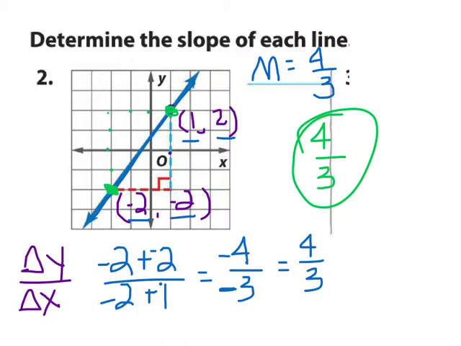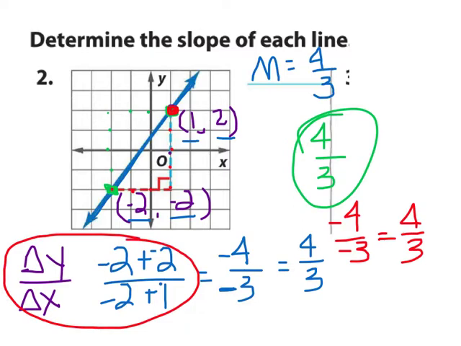If you are going down, it's going to be negative, and if you're going left, it's going to be negative. So the other way I could have done that is to start here and gone 1, 2, 3, 4. It's negative 4. 1, 2, 3, negative 3, which is still 4/3. So either way, you can use the formula, or if you're given a graph, you can count from one point to the other.